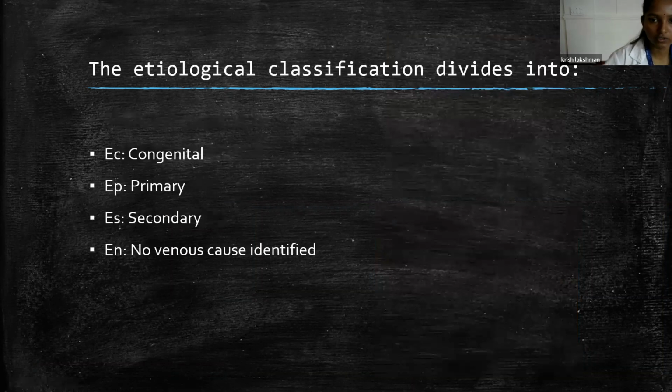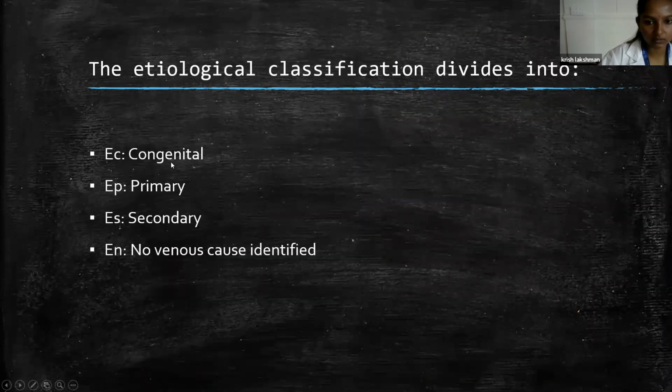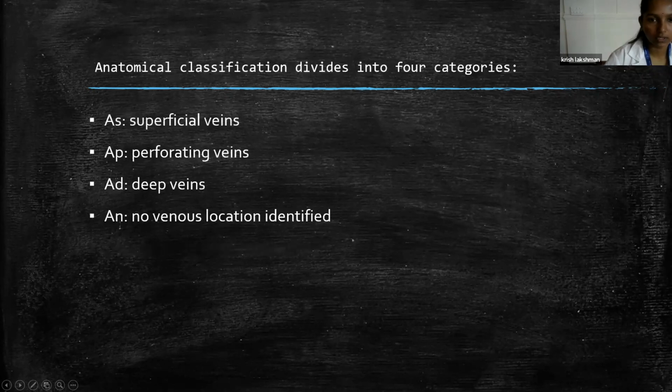So, etiological classification, as I have mentioned earlier, could be either primary or secondary, or congenital, and there could be no venous cause identified, which is classified as EN. Anatomical classification is based on which veins are involved, either superficial veins, perforating veins, or deep veins, and there could be no venous location identified, classified as AN.